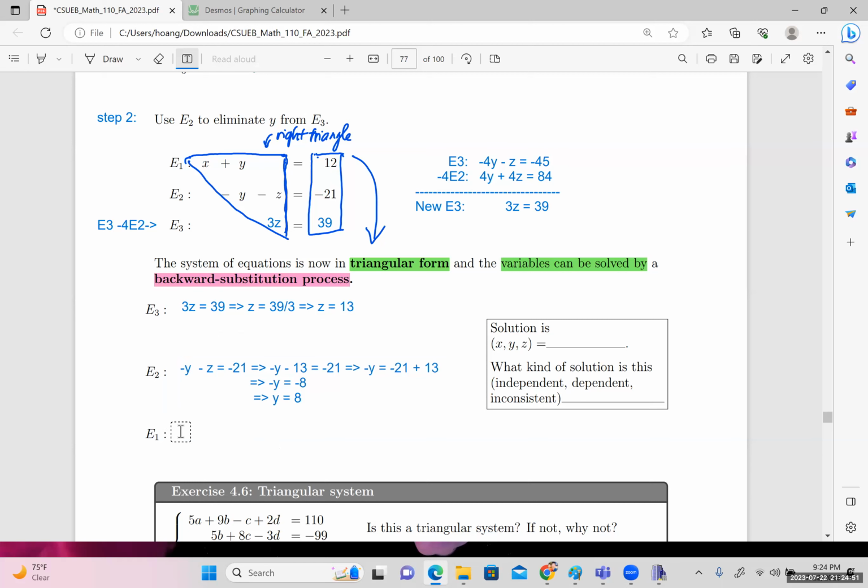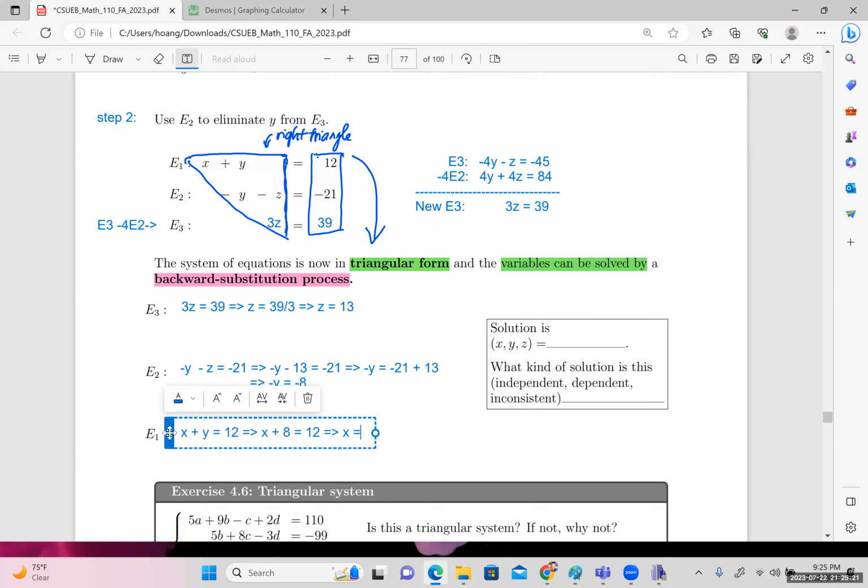Okay. Lastly, you substitute into E1, which was x plus y equal to 12, and we substitute y in there. So x plus 8 equal to 12.